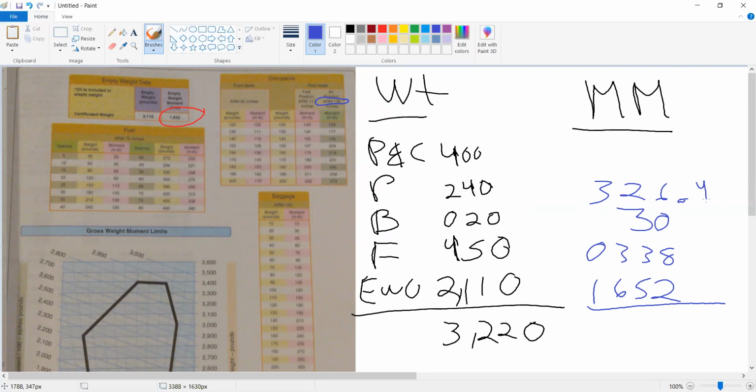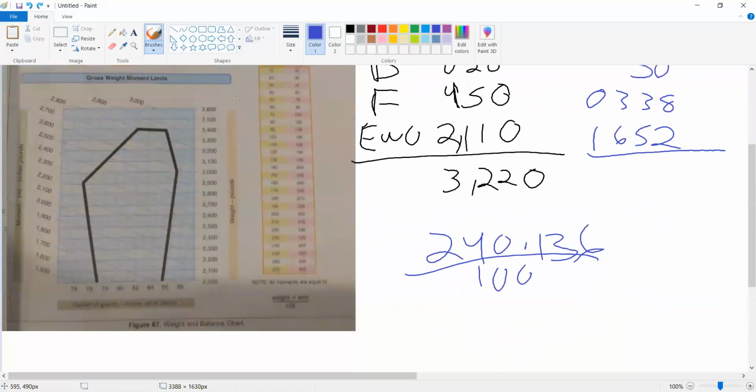All right, and then the pilot and co-pilot, we have 400. Is that given? Well, no, it's not. So we have to do the math, since we're talking about the front seat, which is 85.